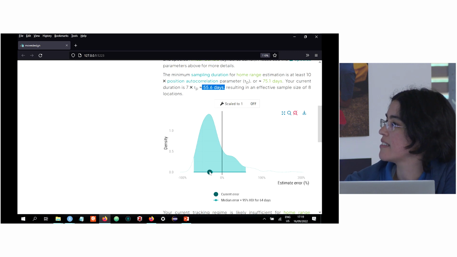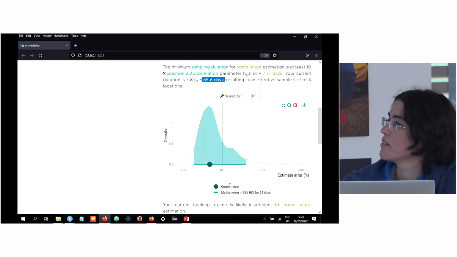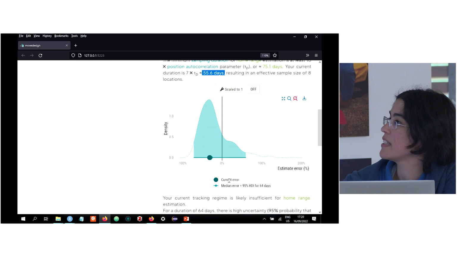So we see that the current error is more or less within the distribution of values you'd get from these parameters, though it's for 64 days, so it's a little bit smaller than what we have. But this is what we would expect, right? The estimated error would typically be around here for that distribution. But it could be worse.